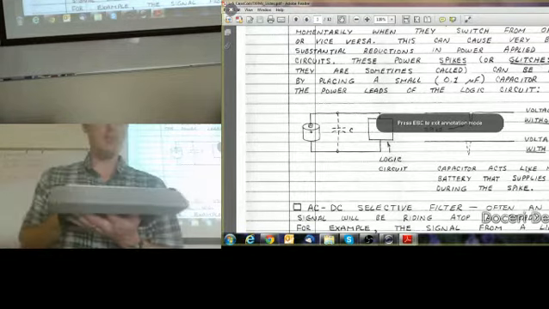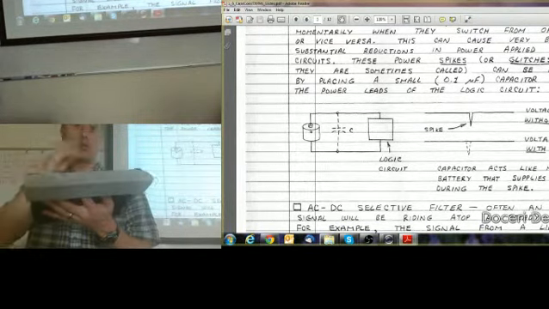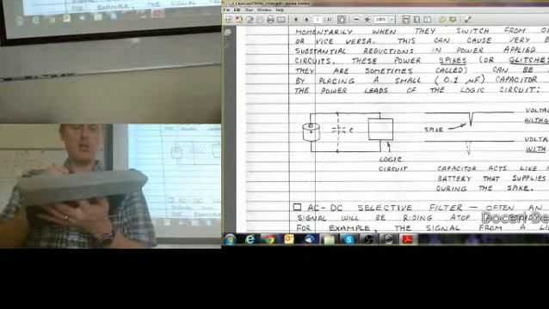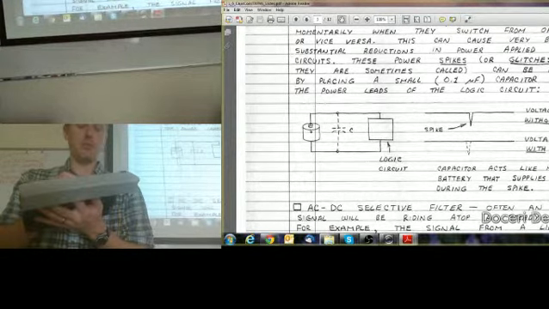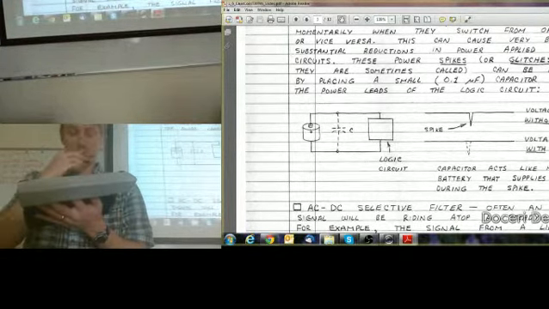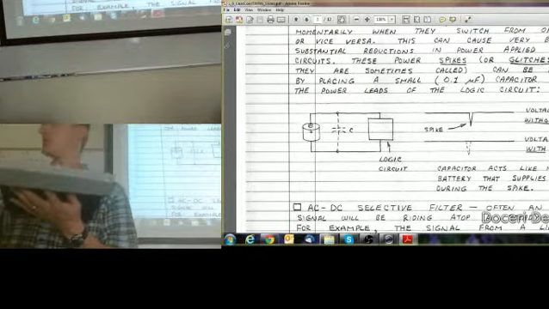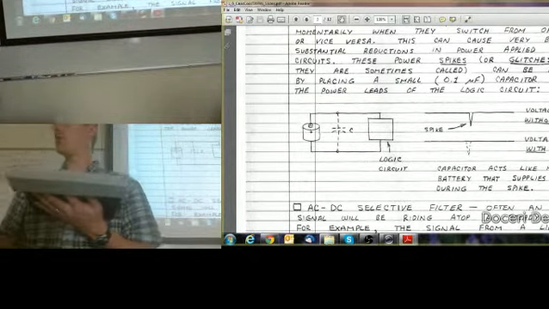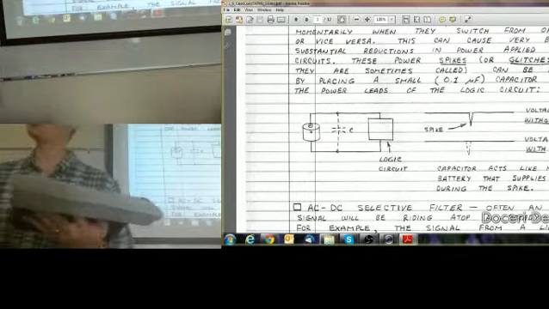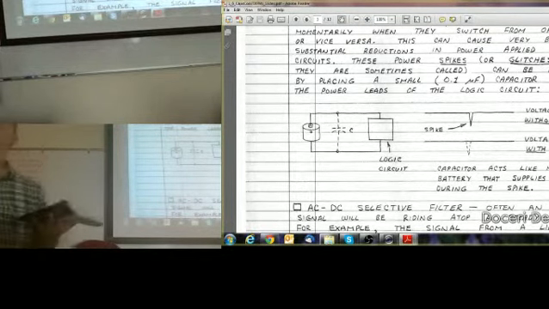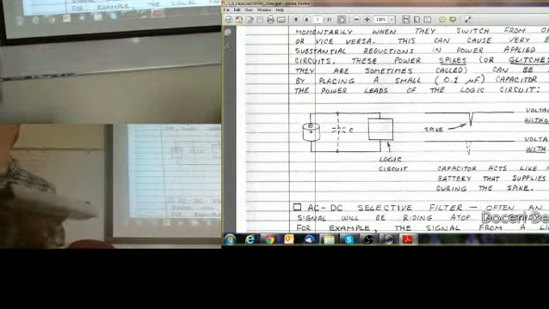Basically, the reason we use capacitors, we can talk about it a little bit more since you guys are interested in it. What happens is the battery has internal resistance. The internal resistance can be considerably high. I mean, 100 milliohms is considered high.